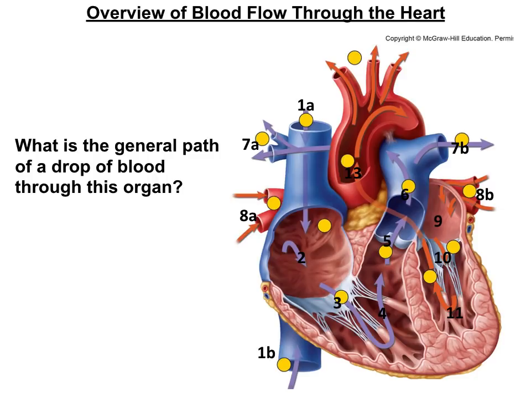Just under the aorta, the pulmonary trunk is going to split. It's going to hit a T intersection. It's going to send a branch to the right and a branch to the left. So it's going to send blood through 7A, which is your right pulmonary artery, and 7B, which is your left pulmonary artery.